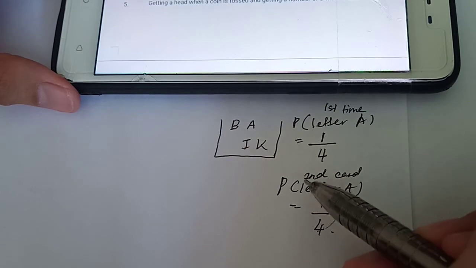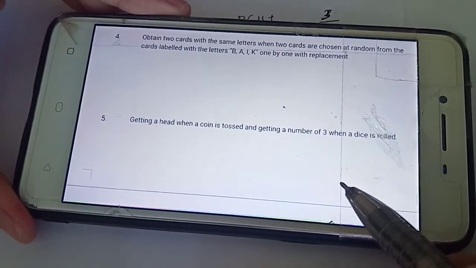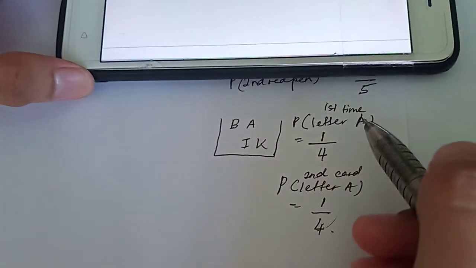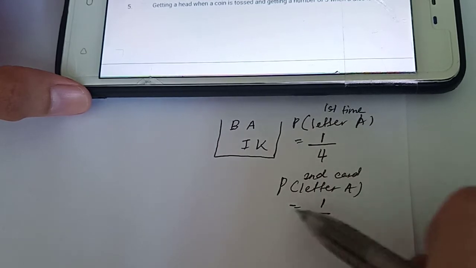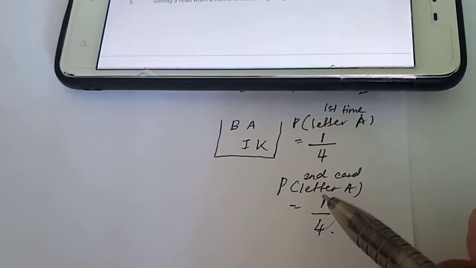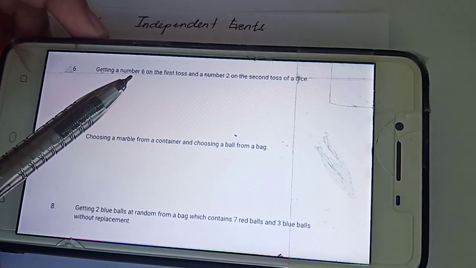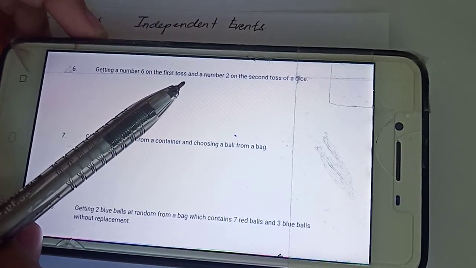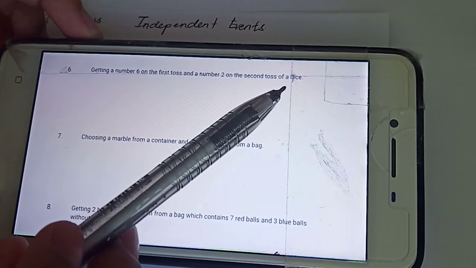So in this case, question number 4 is an independent event. The occurrence of the first event does not affect the second event. Okay, some more example. Getting a number 6 on the first toss and a number 2 on the second toss of a dice.